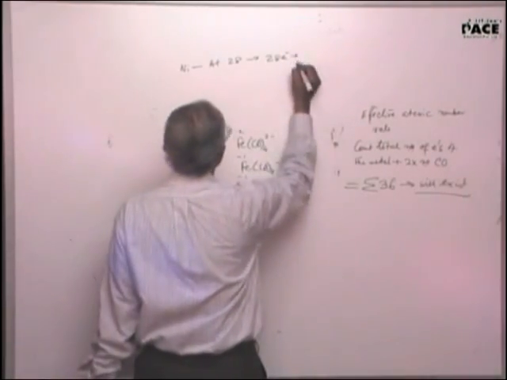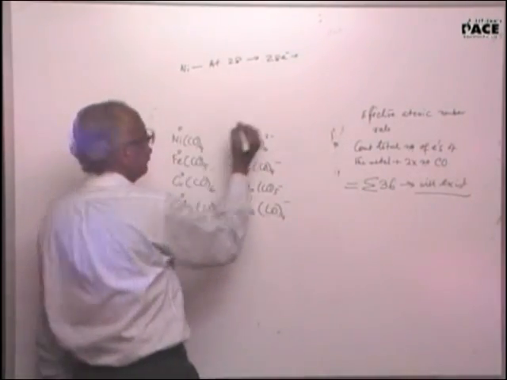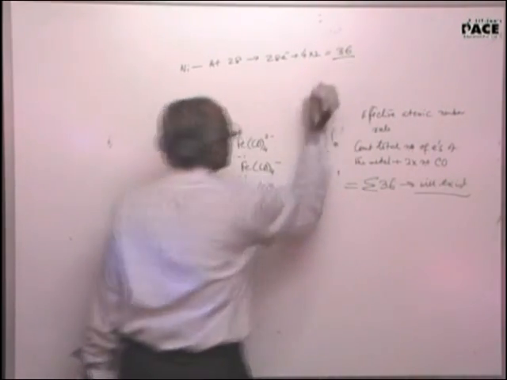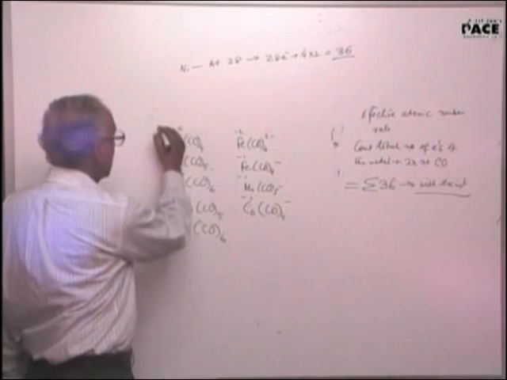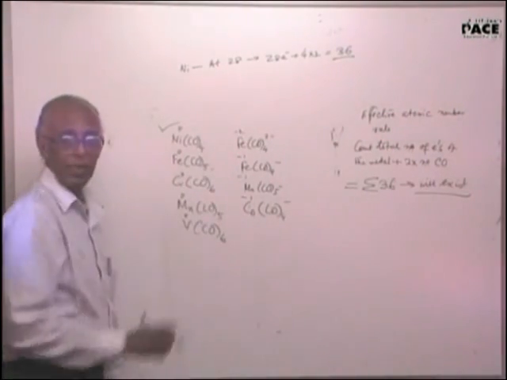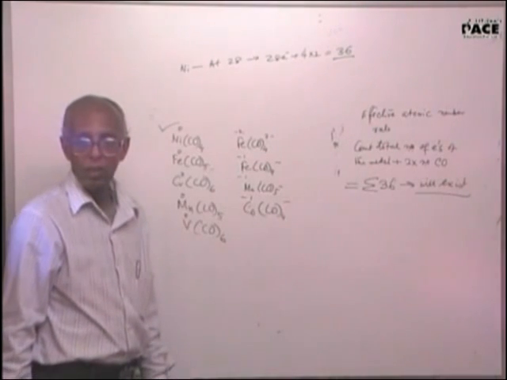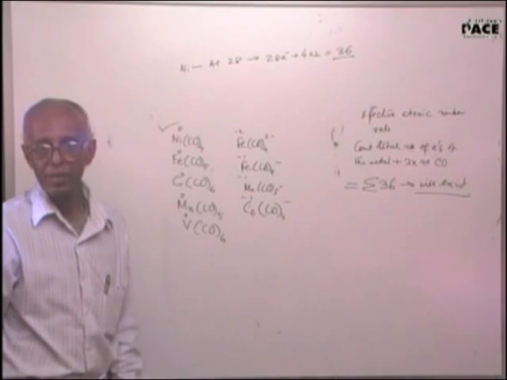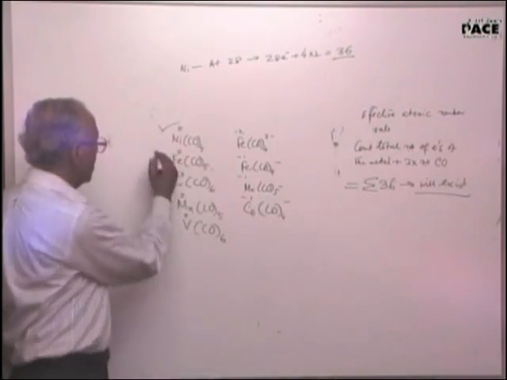Plus the number of carbon monoxide is 4, 4 into 2, that is 36. So it will exist. Iron, 26 plus 5 into 2, 10. It will exist.